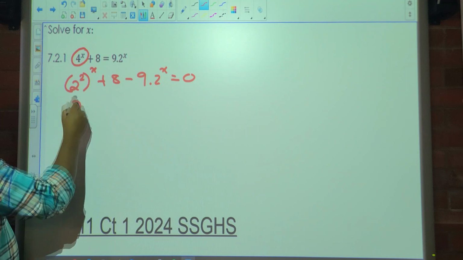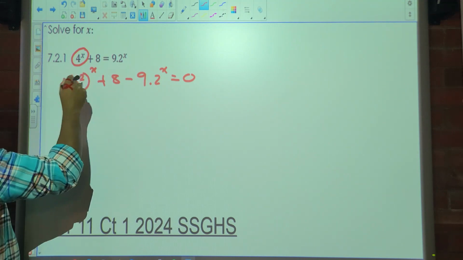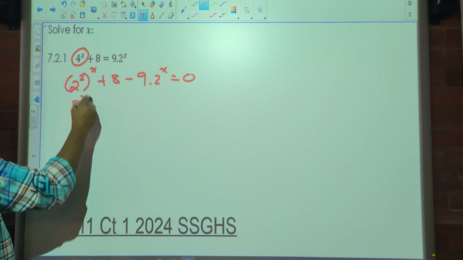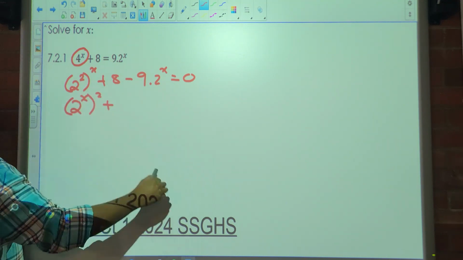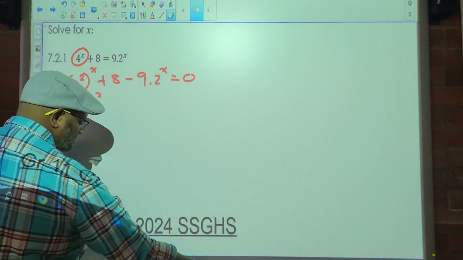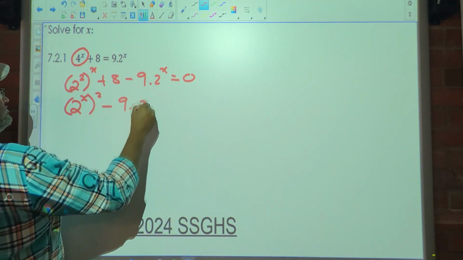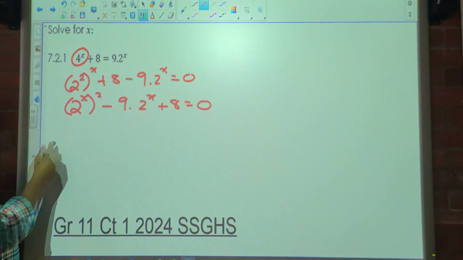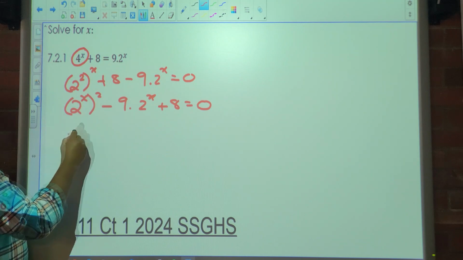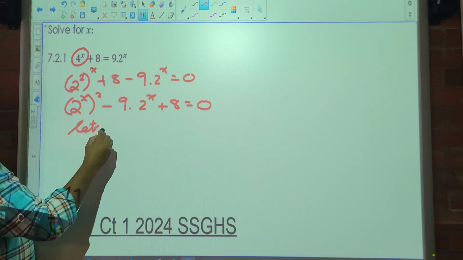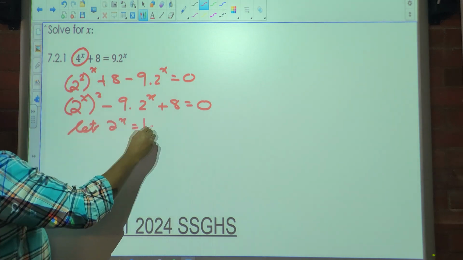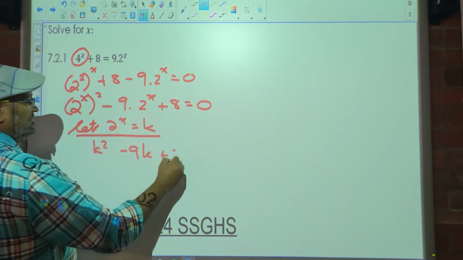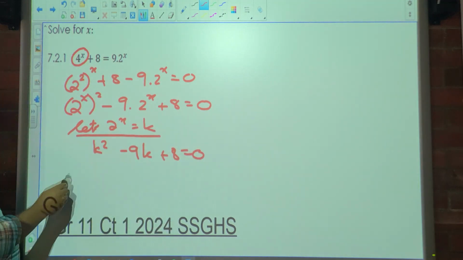But we know that 2 squared raised to the x can be written as 2 to the 2x, which in turn can also be written as 2 to the x squared, minus 9 times 2 to the x plus 8 is equal to 0. So what do we notice here? It's a trinomial. Let 2 to the x equal k. So I have k squared minus 9k plus 8 is equal to 0.